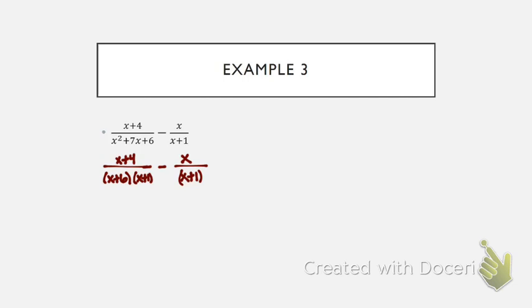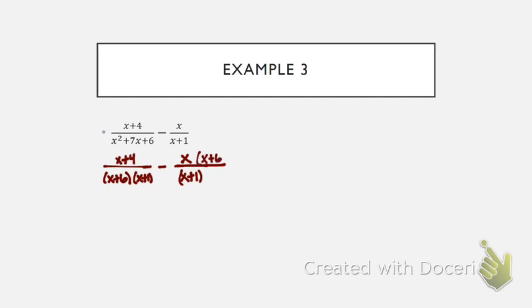So now, for me to actually add or subtract these, I have to have a common denominator. If I look at the first fraction, it has x plus 1 and x plus 6. It has both of them. The second fraction only has x plus 1. So the denominator is missing the factor of x plus 6.